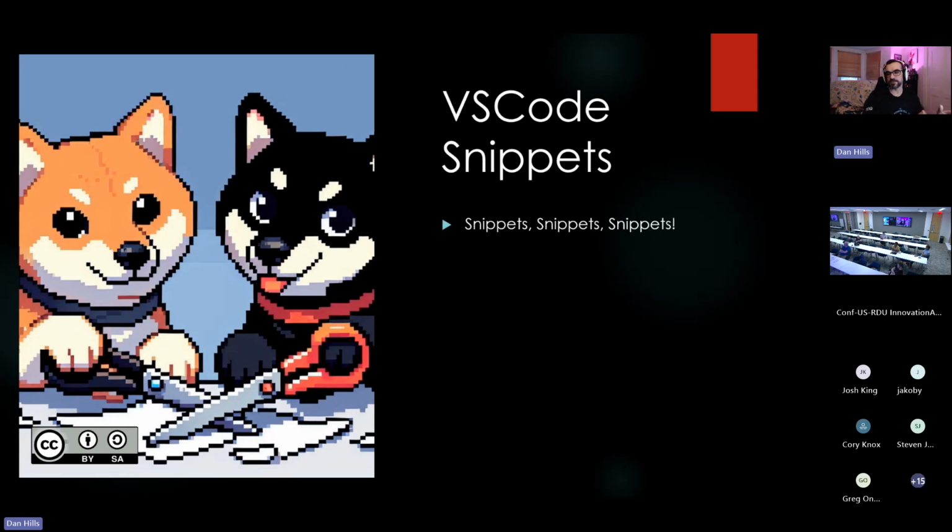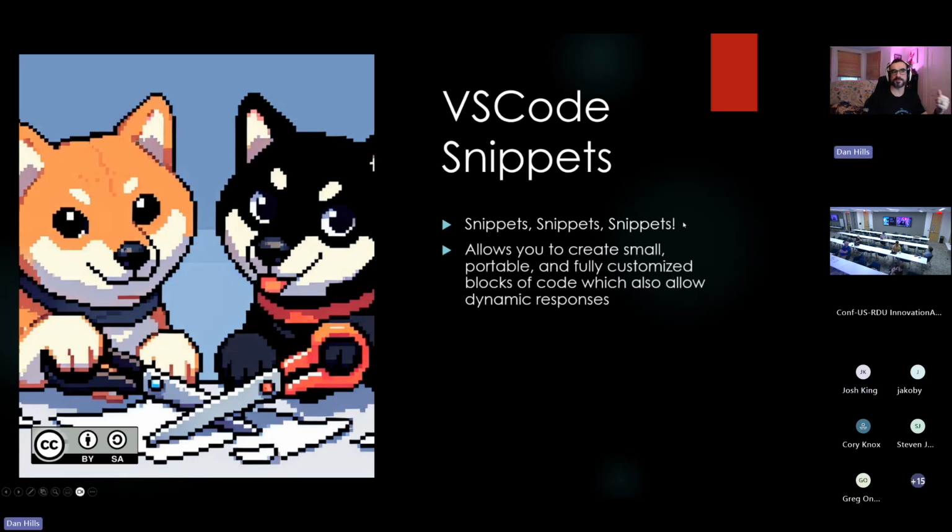Where Plaster builds that module for you, snippets get to that next step and actually include specific templates for your functions. And the nice thing about this is they allow you to get as opinionated as you want. You can include dynamic responses, and again, they're portable.